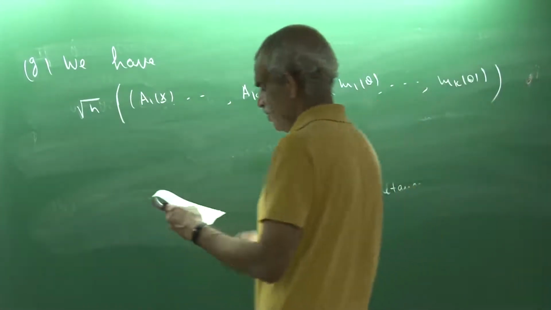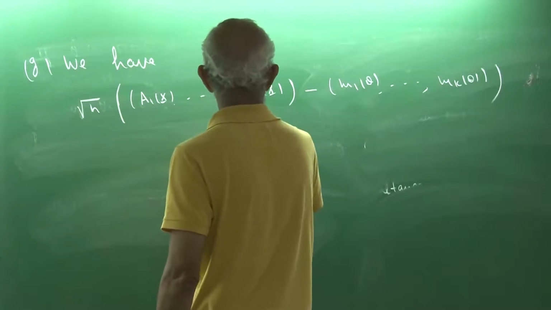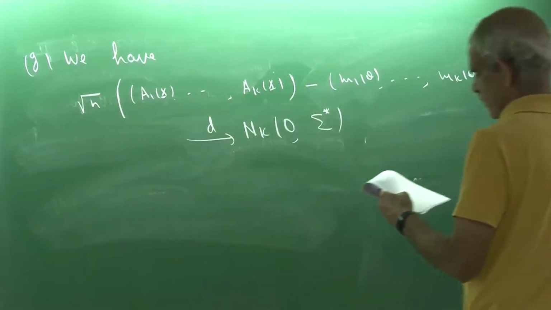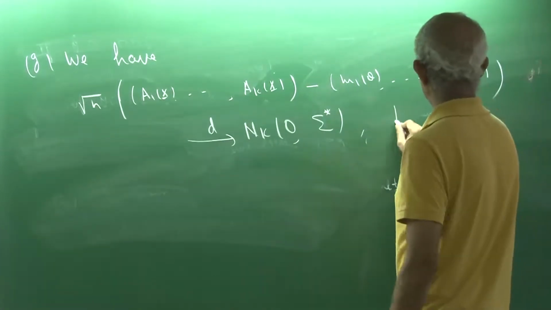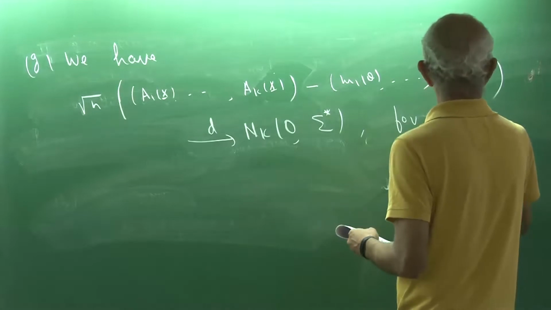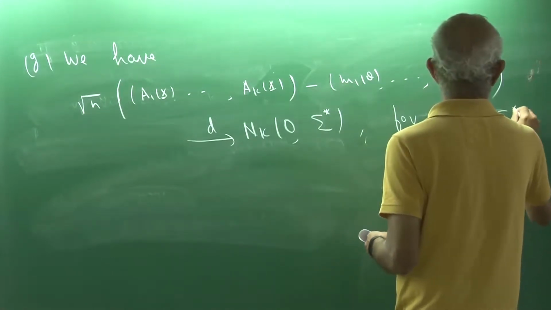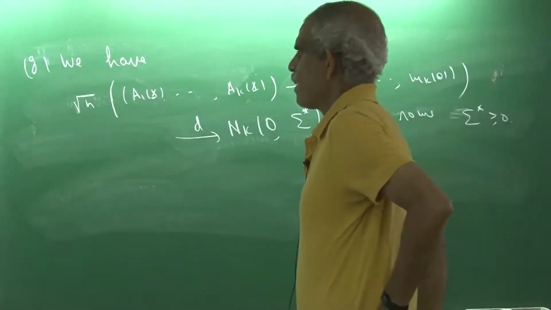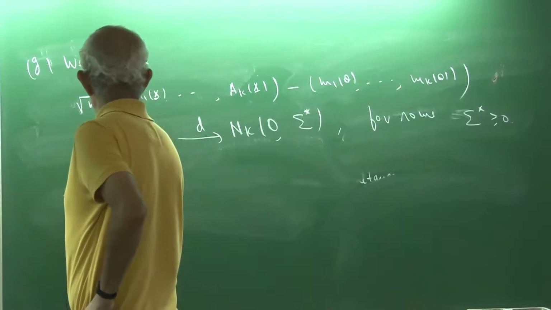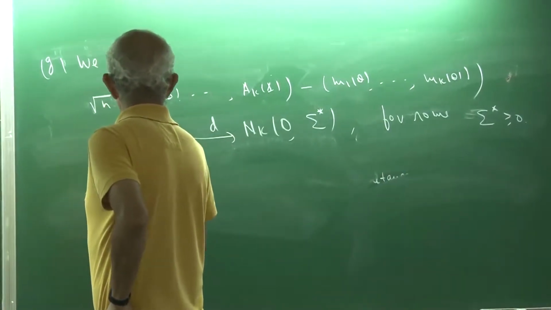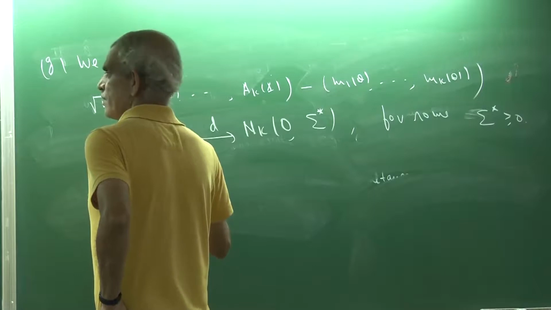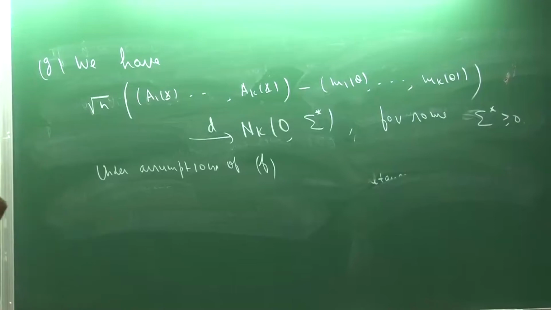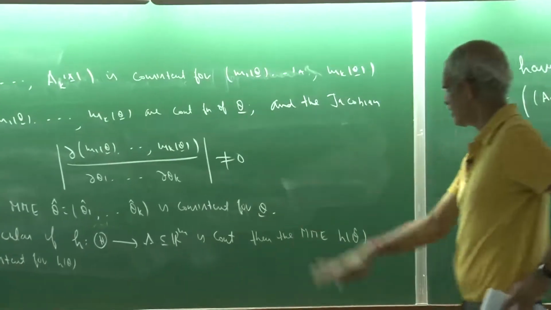By the central limit theorem, you know that this goes in distribution to normal k, 0, sigma star for some sigma star. So under the assumptions of the delta method, of course, which assumes that the partial derivatives exist and the transformation is 1-1.